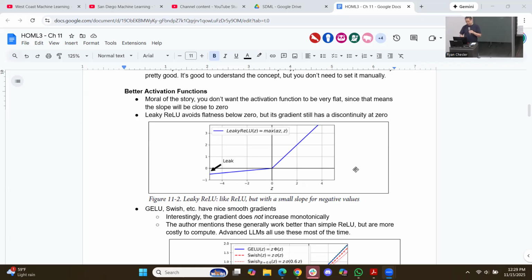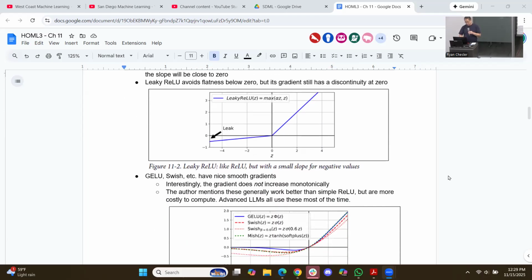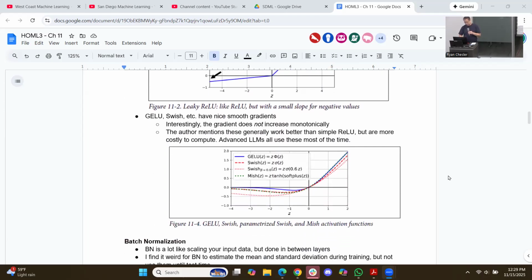Now we've gotten a whole lot fancier, and we have these functions like, I don't know if people say GALU or JLU or whatever, but I say GALU. It's Gaussian, so it's a hard G in the acronym. But GALU, Swish, and you'll see some of these other things in research papers.